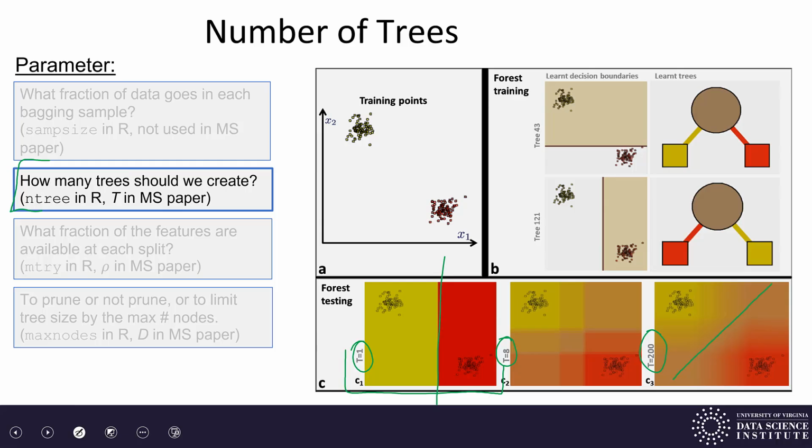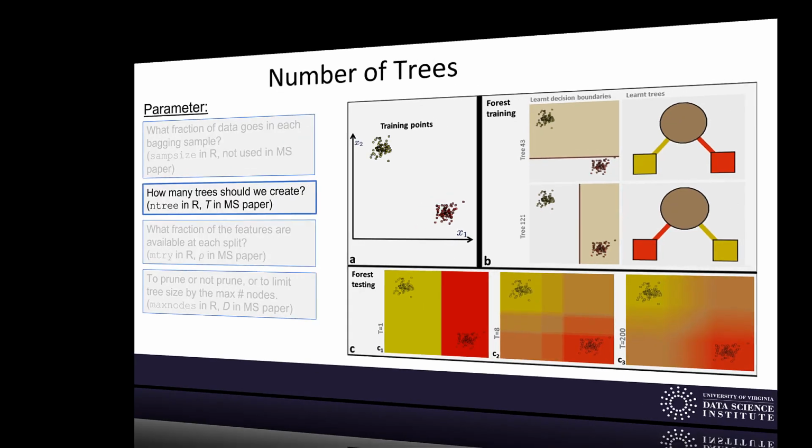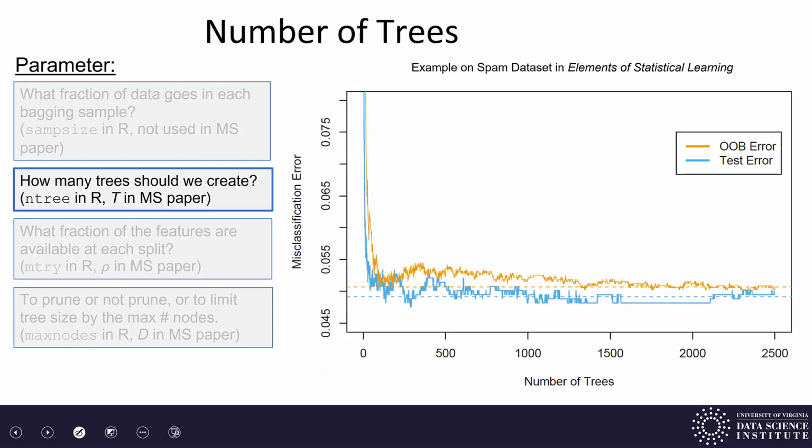That's the 50% between red and yellow. And this is maybe 75% red, 25% yellow. And there's an area here that's maybe 75% yellow, 25% red. So it learns the contours of the decision surfaces between classes better as you create more trees. Creating more trees also gives you more accuracy, which is what we have in this plot.